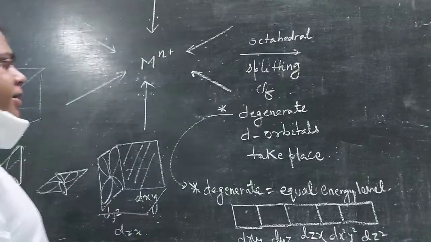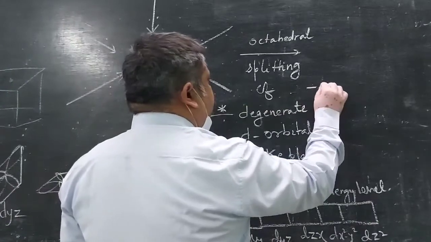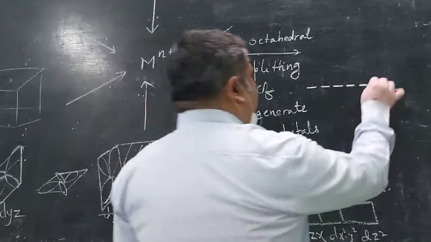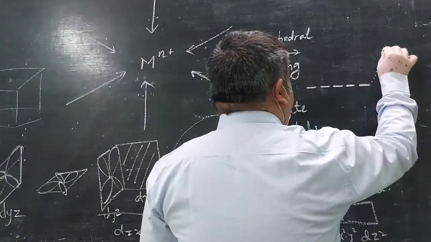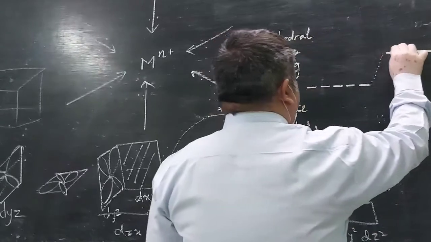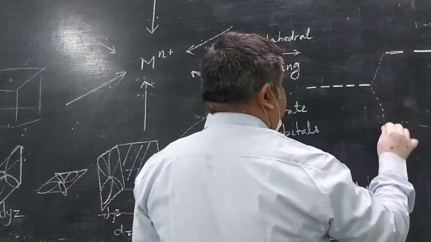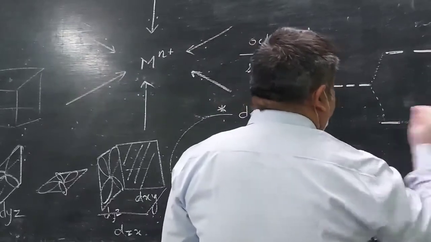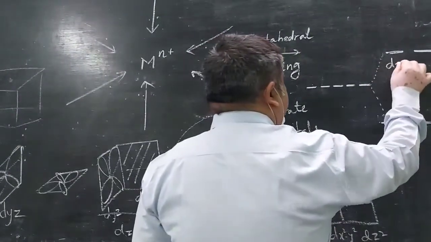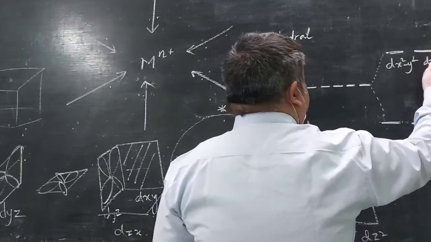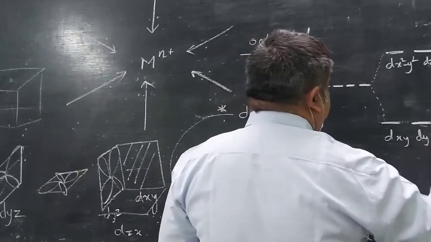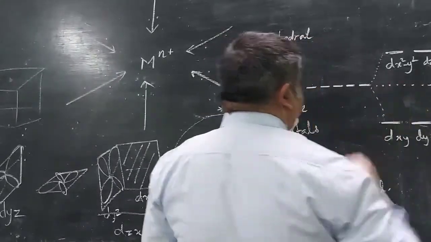If the d orbitals had been here like this, 1, 2, 3, 4, 5, then due to octahedral splitting, dx square minus y square and dz square go up, and dxy, dyz and dzx come down from the average energy level.